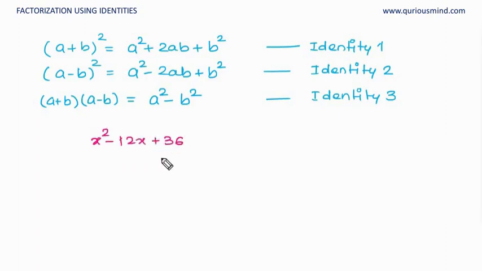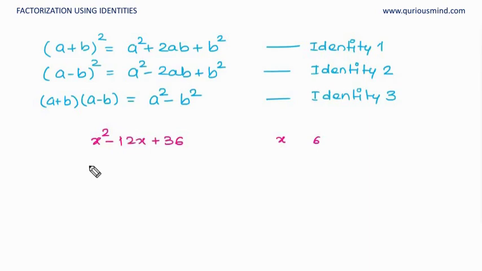x square minus 12x plus 36. Now I see x square, which is resembling a square, minus 12x, minus is here. Then I see 36, which is the square of 6, so b square. So here I have square of x and square of 6. Multiplication of them is 6x, and 2 times 6x, 2ab, is 12x, and minus.